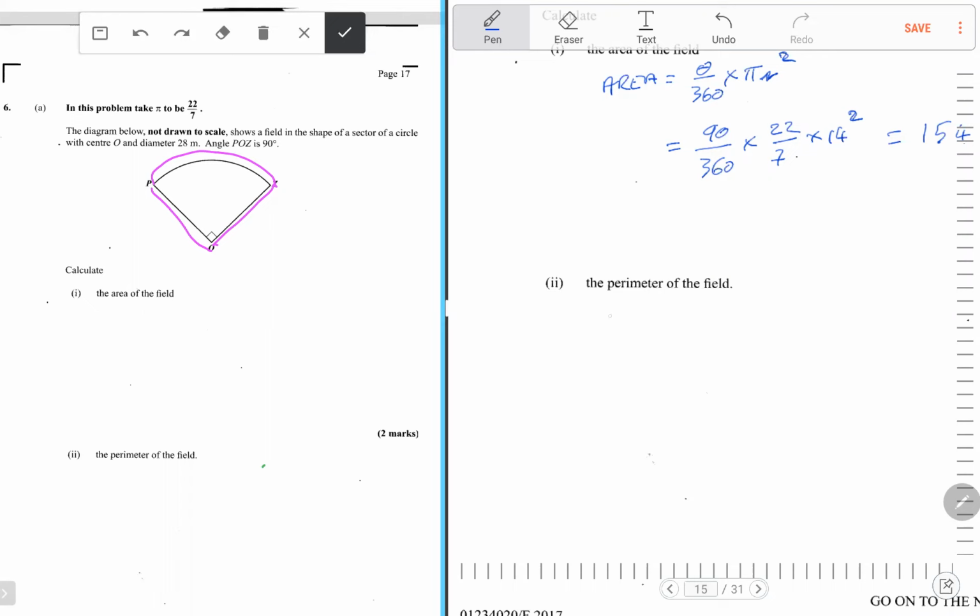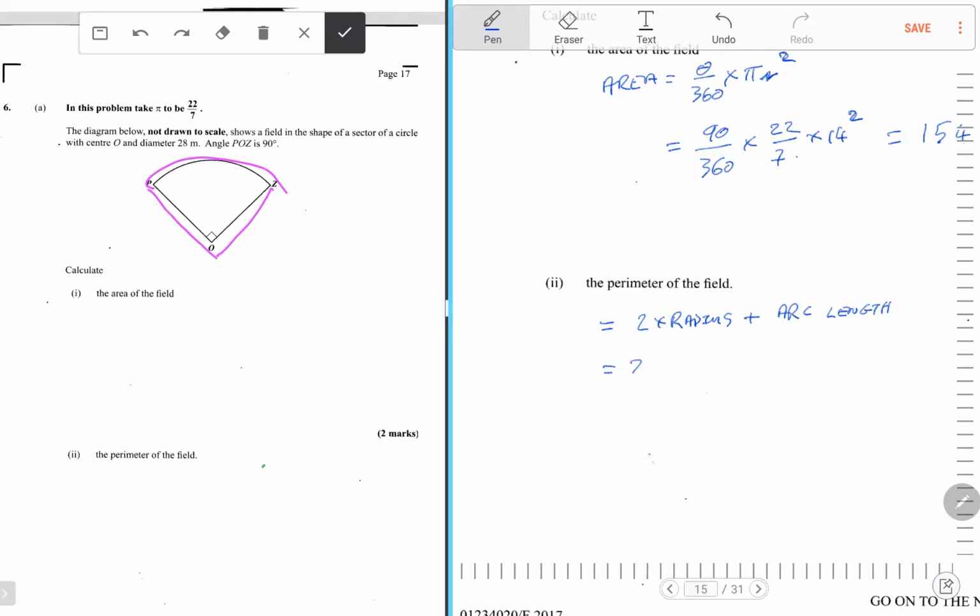The perimeter of the field is equal to 2 times the radius plus the arc length. It is this radius plus this radius plus this arc length that is the distance around the field.